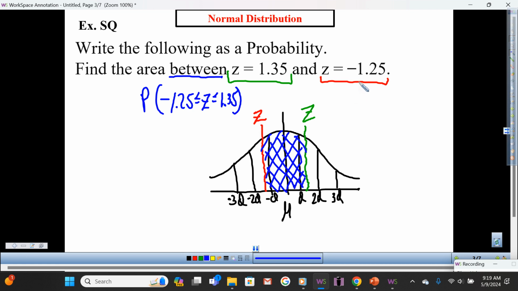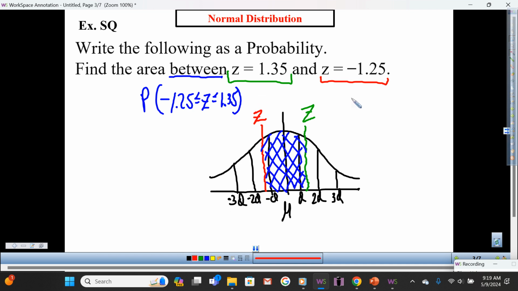Numbers on the chart for the -Z and the positive Z, okay? So who's got our negative? Delegate to someone, Peyton, the red one. Daisy, you got the red one and the green one? Peyton and the green one? Delegate to someone. Chelsea, you got the green one. So Daisy got the red one.